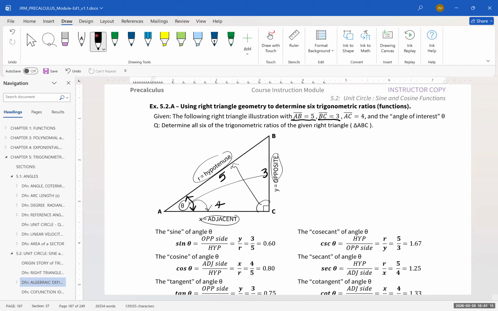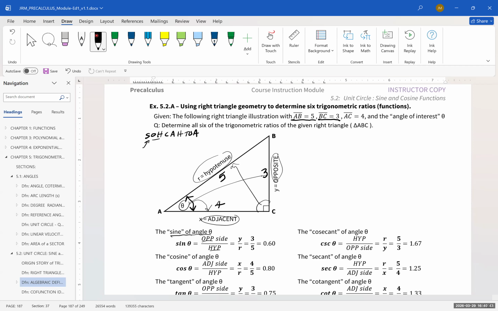So let's first find the sine of our angle of interest. You can use SOHCAHTOA, sometimes that helps. Sine is equal to opposite over hypotenuse, which is y over r.